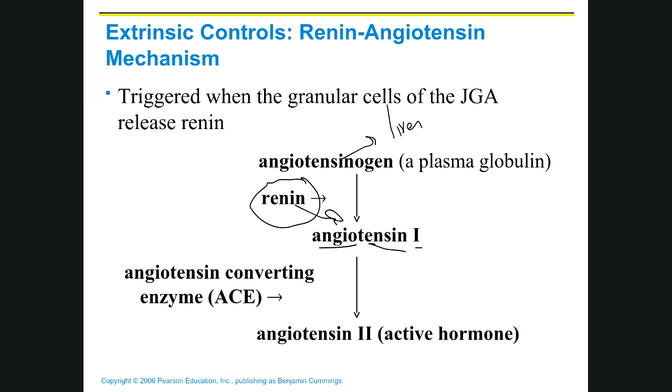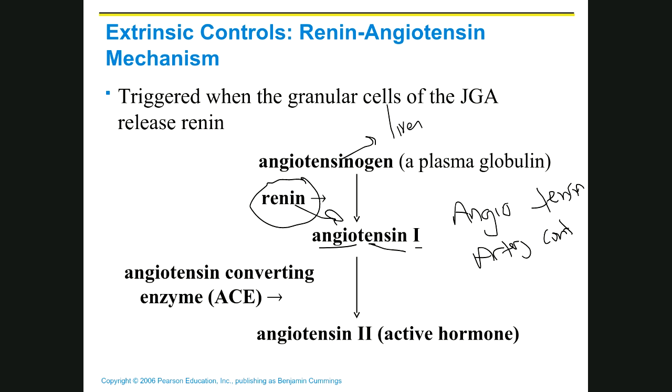We already talked about it when we talked about the endocrine system. Angio means artery, and tensin, like tension, means to constrict. So it's a vasoconstrictor. This one's not a very potent vasoconstrictor, though.